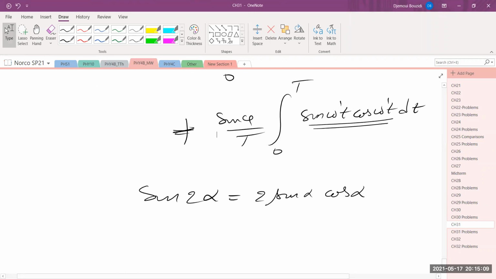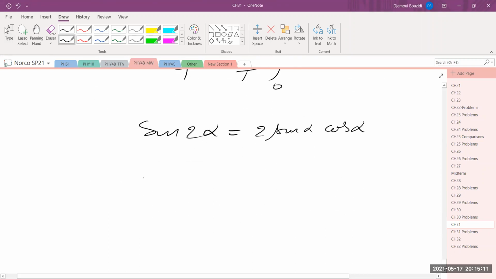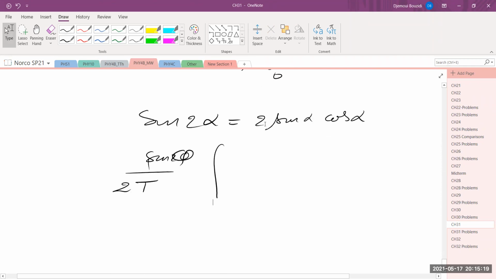So the second term will have 1 over 2T times sine of phi, because the sine of phi is still a constant. The integral from 0 to T of sine of twice the argument. The integral of a sine is a negative cosine.